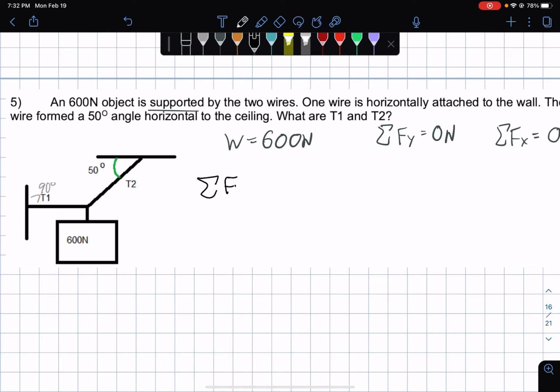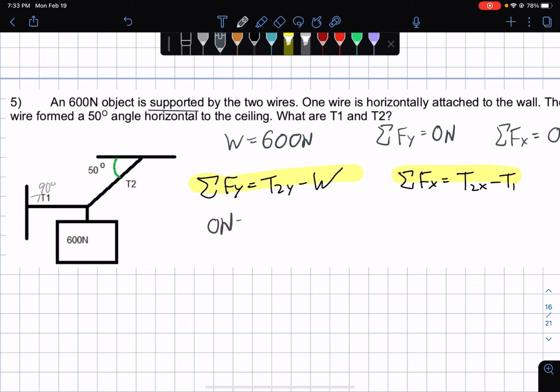So for summation Fy, that's going to be equal to T2y minus W. And then for summation of Fx, that's going to be equal to T2x minus T1. This is so weird. But if you encounter an illustration like this, then you use these two formulas. These are only specific for this kind of scenario.